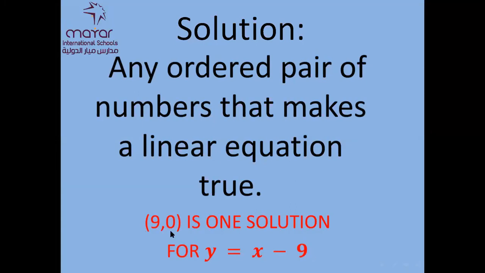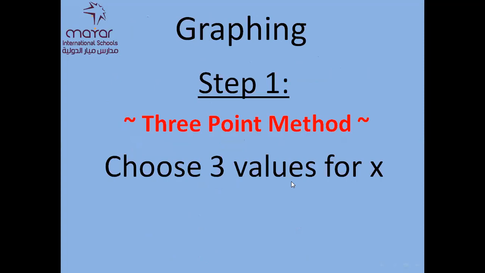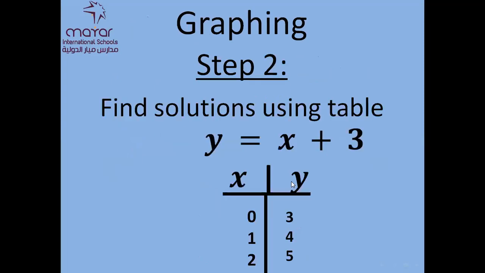Yes. So 9, 0 is one solution. But is it the only one? No, it's not the only one. If you put any number for x, and then you substitute it and get the correct answer, that's going to be a solution for your equation. So this is an example.